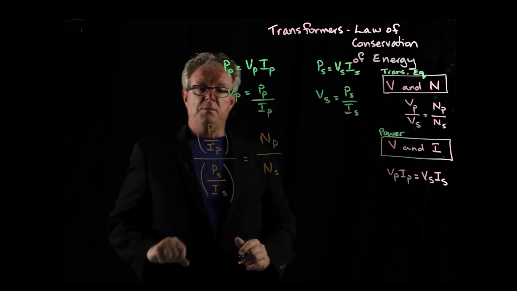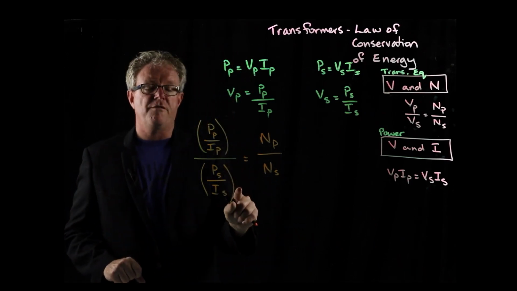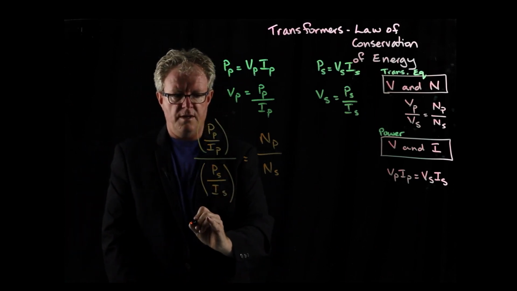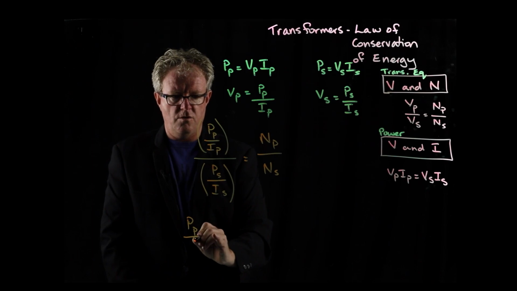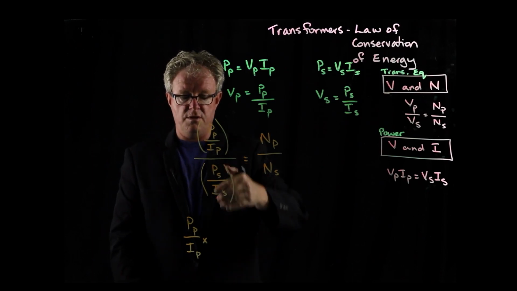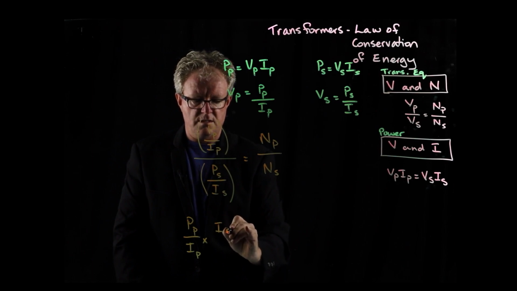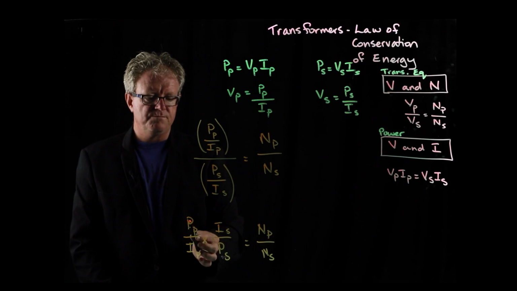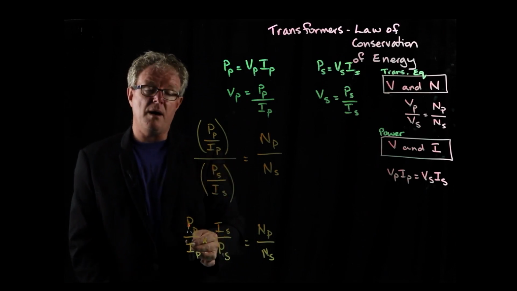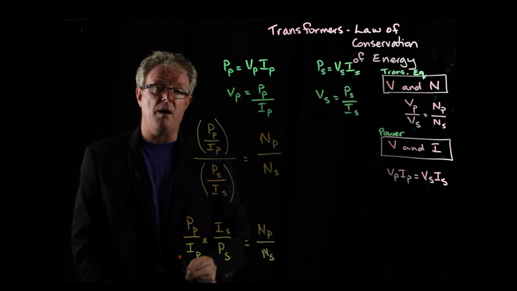And so let's clean this up a little bit, because we've got a fraction divided by a fraction, so of course that's the same as timesing by the reciprocal. So let's write that, Pp over Ip is the same as timesing by the reciprocal of this, so Is divided by Ps. Now the power cancels out, because if you remember, in the ideal transformer, the power going into the transformer is equal to the power going out.